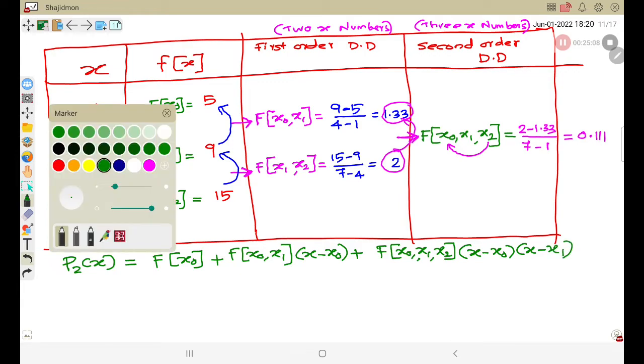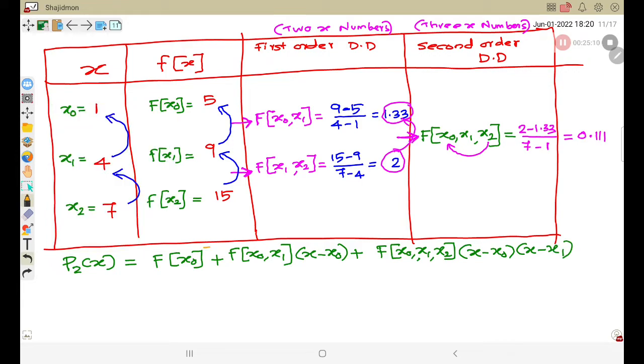Correct? So we can treat the terms separately: first term, second term, and third term.